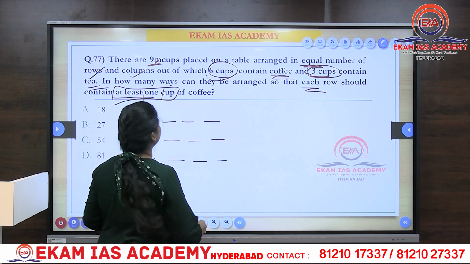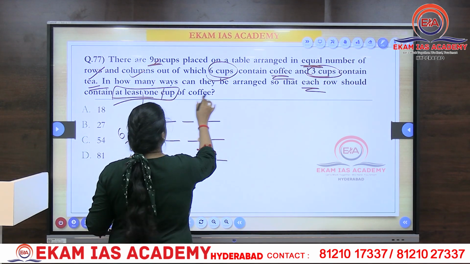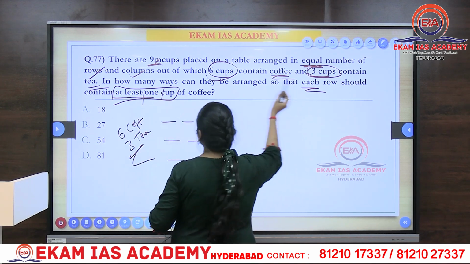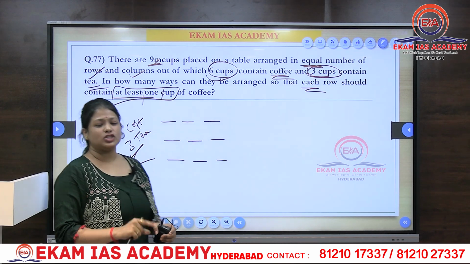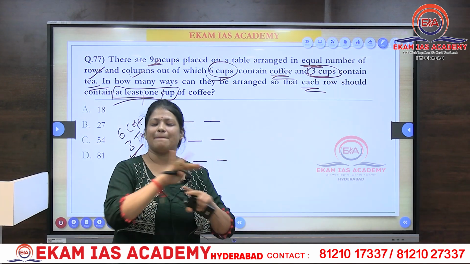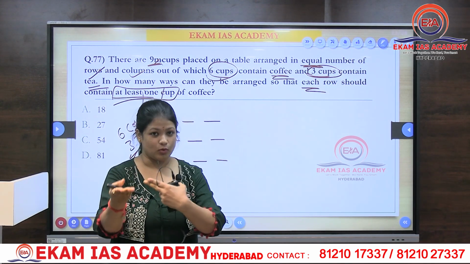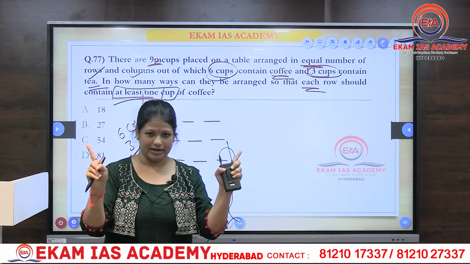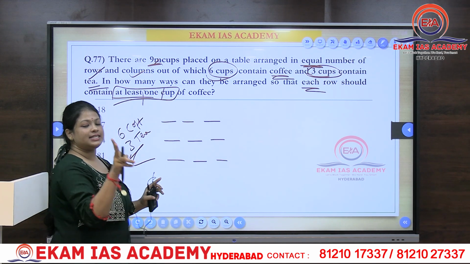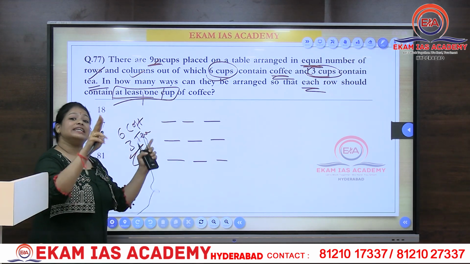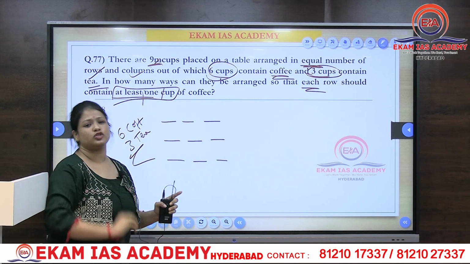More coffee. Fine. In how many ways, each row should have at least 1? At least 1 means 1 cup of coffee is compulsory. You can have more than one also, not less than one. So I can have 1 cup, 2 cups, 3 cups, any number, as long as I satisfy the condition that each row has at least 1 cup.